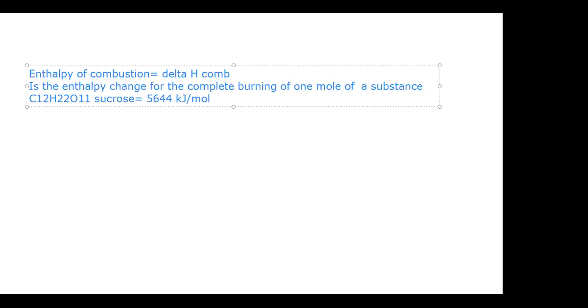Now, in a lot of things, for some reason they like to put negatives in front of that, and so it would look like that, but essentially it's going to take that many kilojoules per mole to burn 1 mole of sugar.